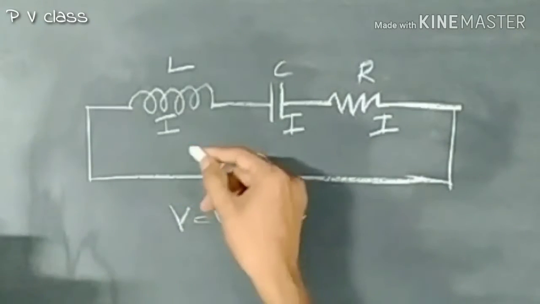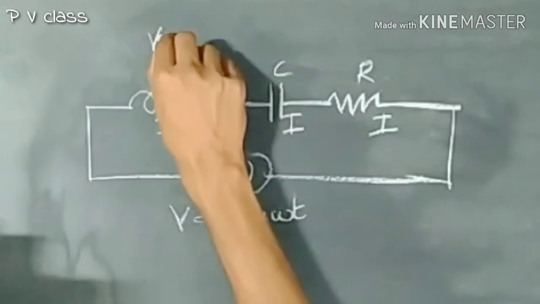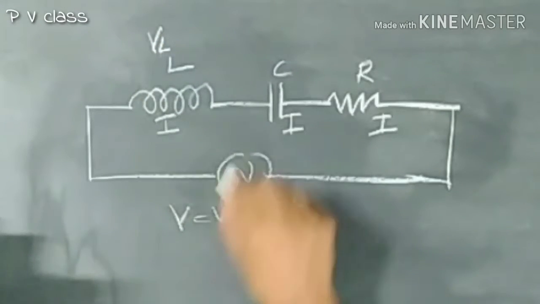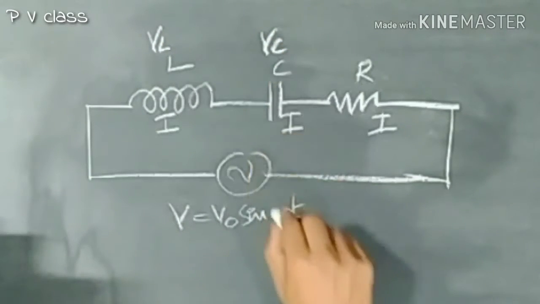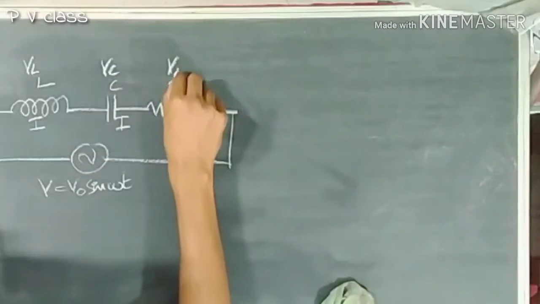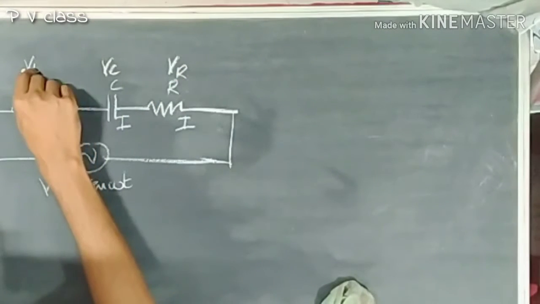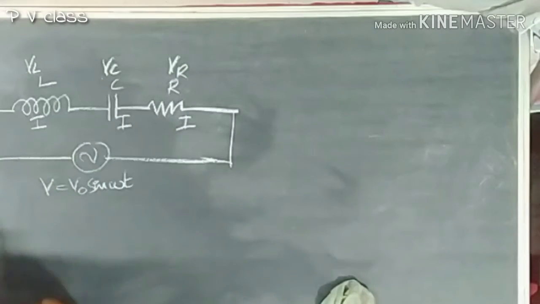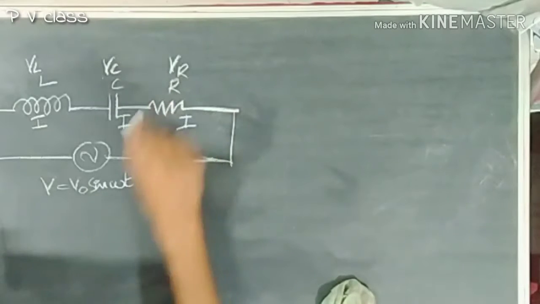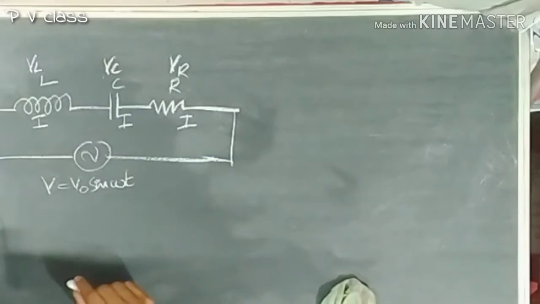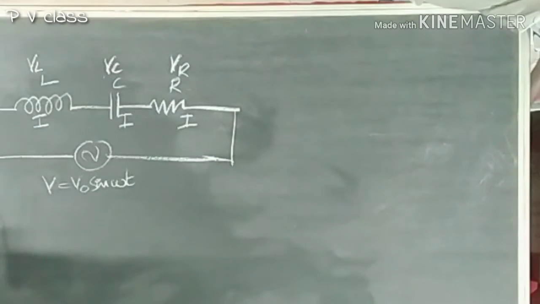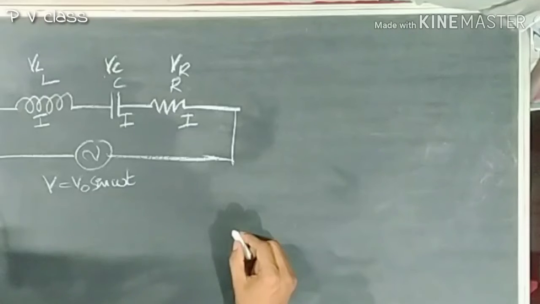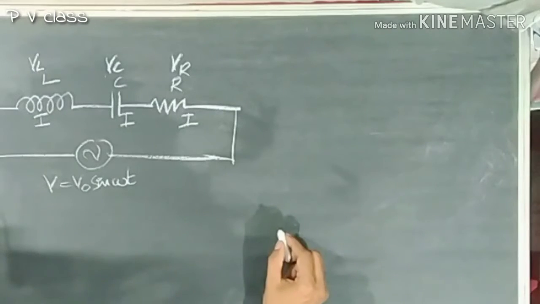But in this case voltage will be different, therefore let me write VL, VC and VR. VL is the voltage across inductor, VC is the voltage across capacitor, and VR is the voltage across resistor. Now we are going to draw the phasor diagram of that.